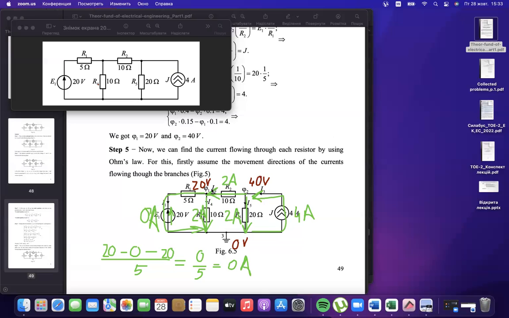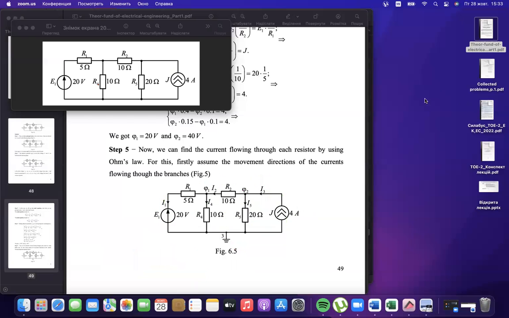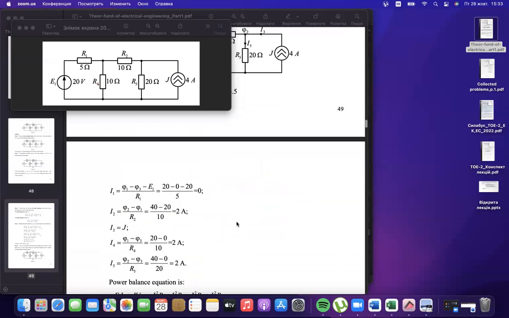If you want to check Ohm's law and Kirchhoff's law, everything is okay. 2 amperes equals 2 amperes plus 0. 4 amperes equals 2 amperes plus 2 amperes. And here, 0 plus 2 plus 2 equals 4. In each node, Kirchhoff's current law is true. That is the solution for this task.